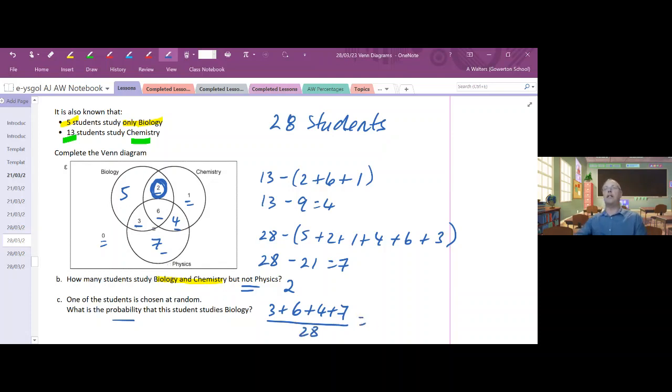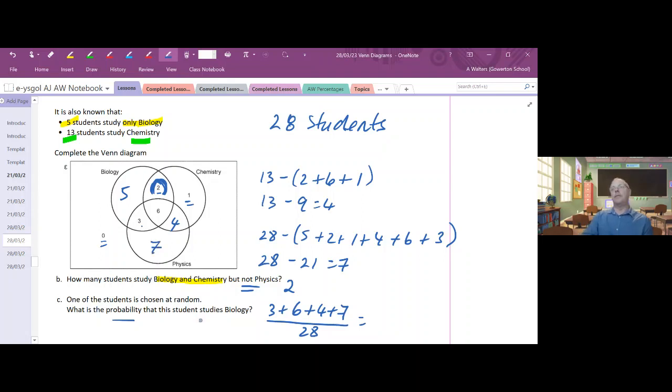So everything inside this circle here are the people who study, I think I misread that. Yes, I have. Right, go back to it. You've got to be very careful when you read these. Right. 4 in there and a 7 there.